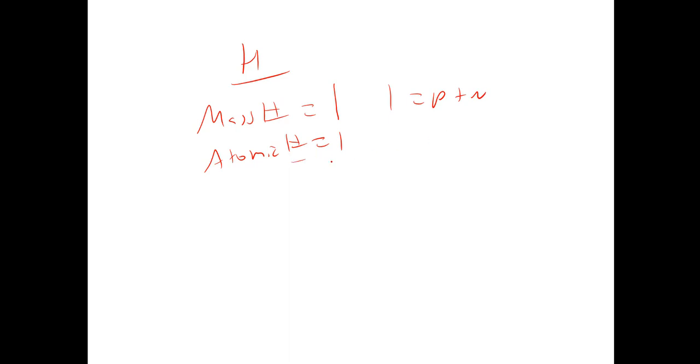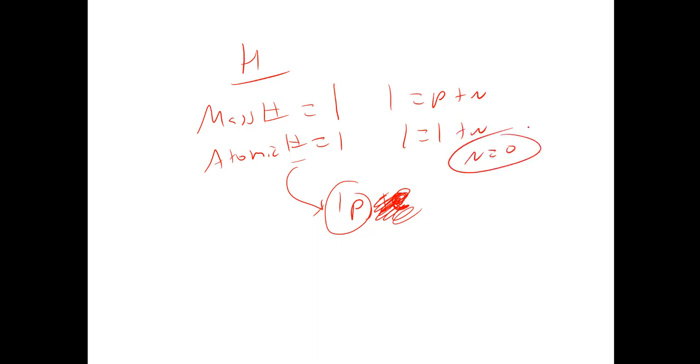The atomic number of 1 means that there's 1 proton, 1 electron. In this instance, electrons are not relevant, so we're just going to focus on the proton. And so therefore 1 equals 1 plus n. The number of neutrons is going to be 0.